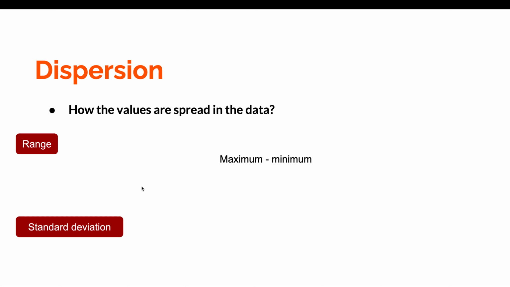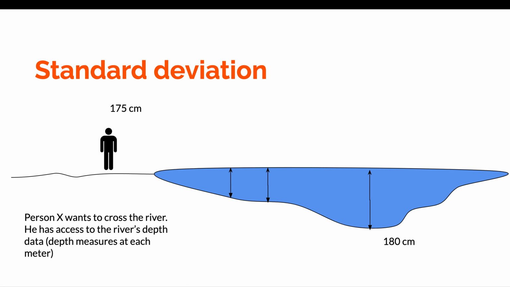Now the next measure which can be used for the same, and I think it is very important to understand, is standard deviation. In order to explain it, I have discussed this concept in the next slide. We are going to use a very simple example here.